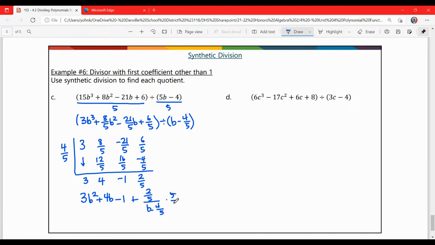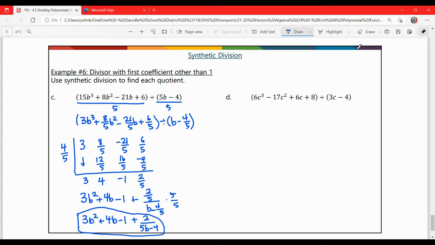Multiply top and bottom by 5. So we get 3b squared plus 4b minus 1 plus 2 over 5b minus 4. Awesome.